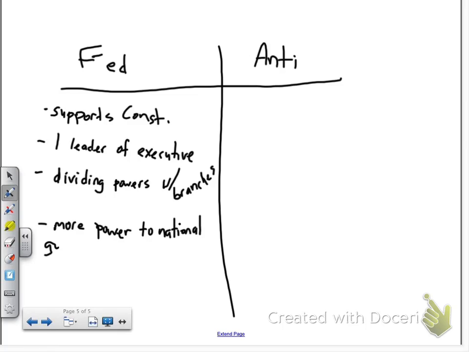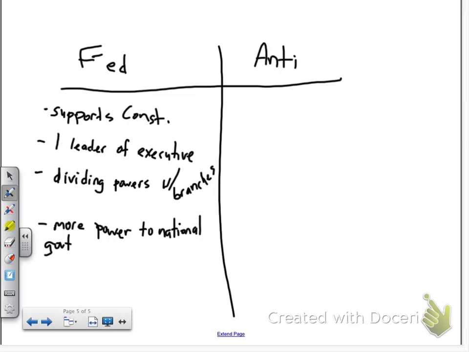More power was given to the national government. Some powers were taken away from the states. What else? Any others? Or was that it for what they believed in? That's it. All right. So that's why they supported the Constitution.